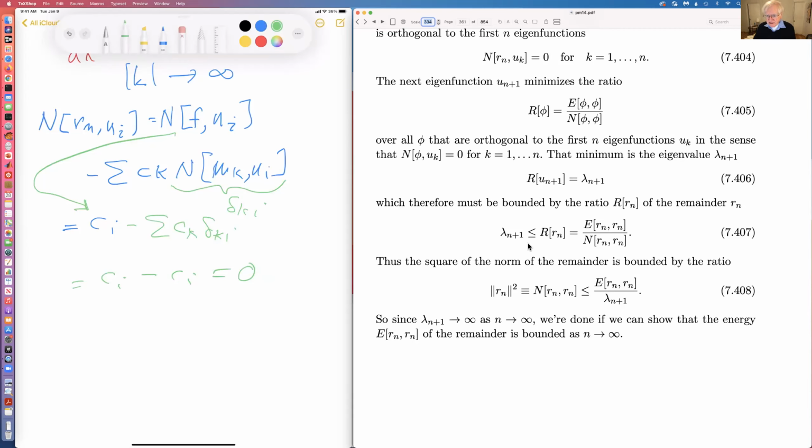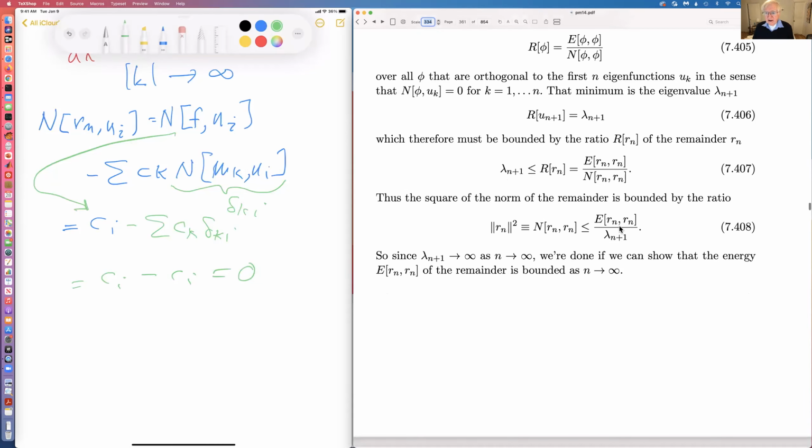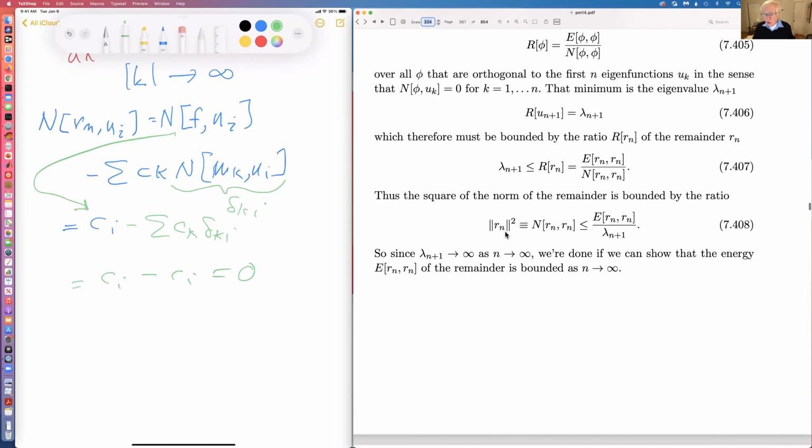Consequently, the next eigenvalue is less than or equal to this ratio for Rn. And consequently, the norm of Rn is less than or equal to E over the lambda.